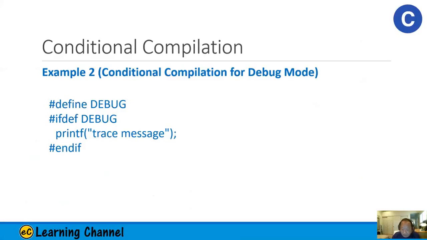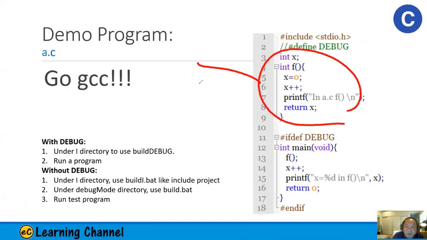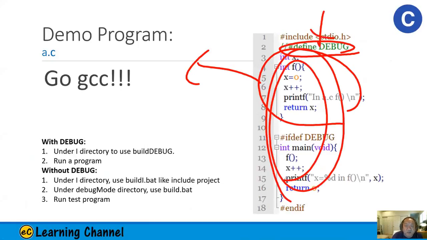So debug is like debugging. I don't repeat that. I taught you many times for that. So this is A.c. Here, this one I showed you already, because sometimes I just want my program to be used by other people. So I set the debug mode to be not defined. But if I turn it on, I can use this as a program to test the whole thing.